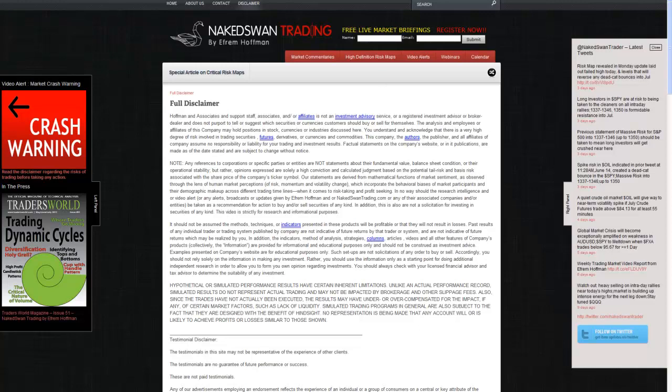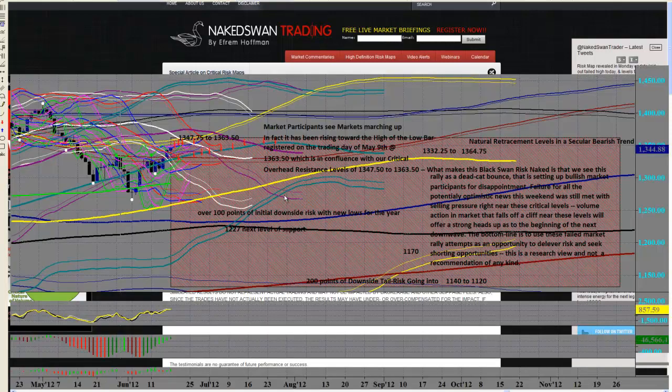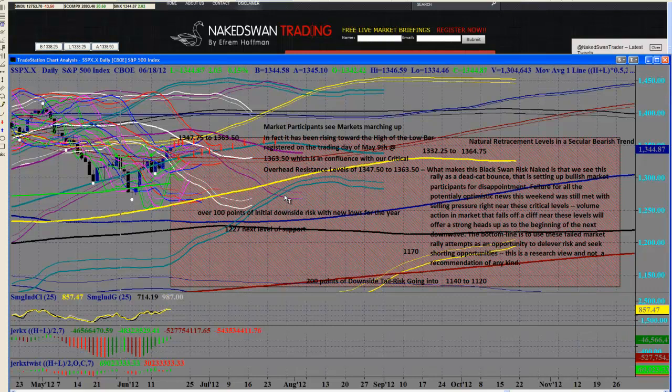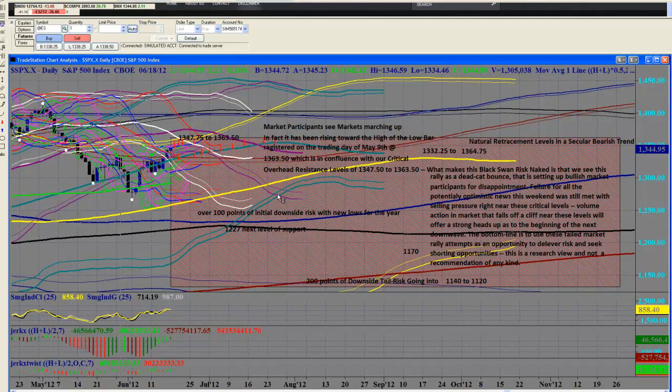So without further ado, I'm going to take you to one of the risk maps that we're going to be talking about today. And this happens to be a risk map of the S&P 500 cash market. On TradeStation, the symbol is $SPX.X.